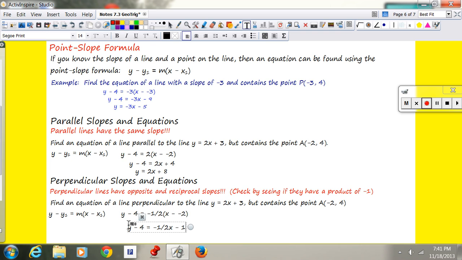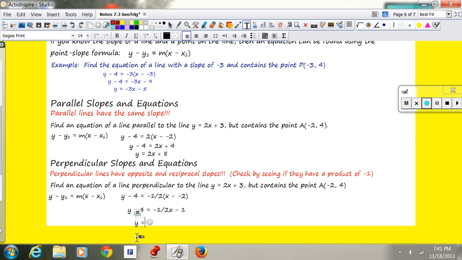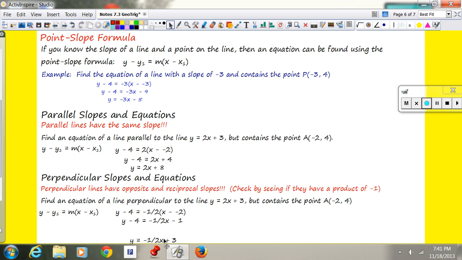Again, you add 4 to both sides, so you're going to get y equals -1/2 x is still there, and positive 4 and negative 1 would be a plus 3. So if I want to get one perpendicular to this line that goes through this point, it's still going to be a plus 3, but now it's going to be a negative 1/2 x and not a positive 2x. Perpendicular slopes are opposites and reciprocals.